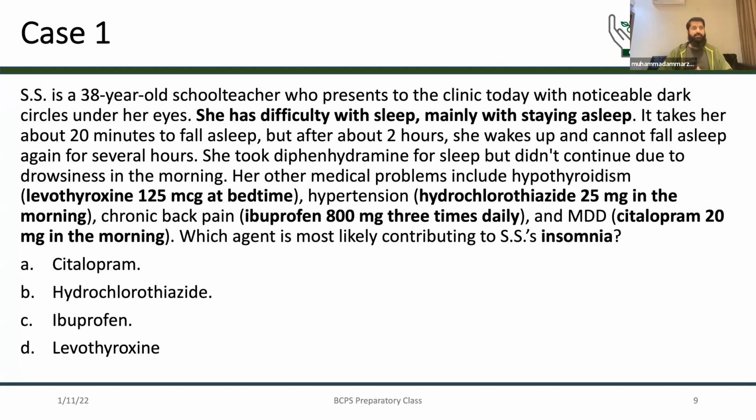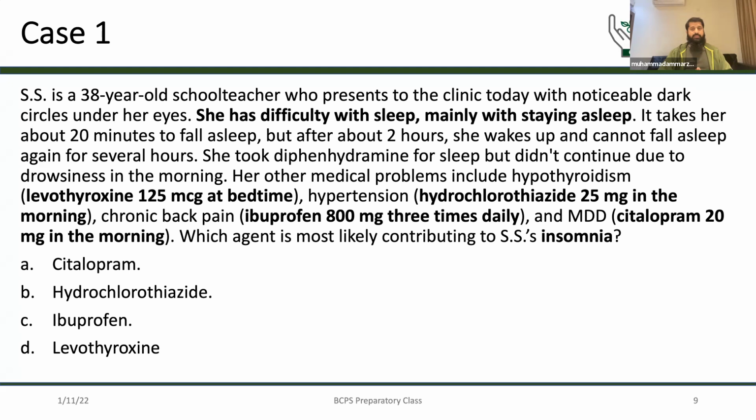So insomnia, that is a symptom of hyperthyroidism. So most probably the insomnia in this patient is due to the levothyroxine.